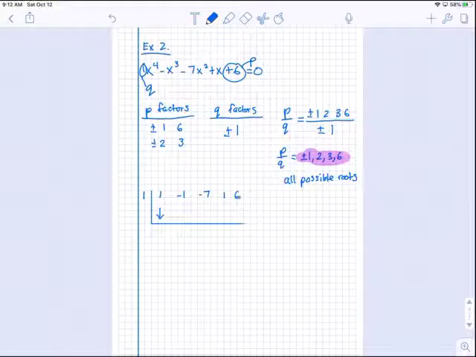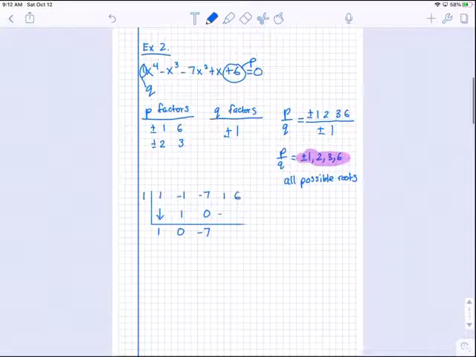You could pick whichever one you want from the possible roots list. 1 times 1 will give me 1. -1 plus 1, 0. 1 times 0 will give me 0. -7 plus 0, -7. 1 times -7, -7. 1 plus -7 is -6, and 1 times -6 is -6. And look at that, we get a remainder of 0.